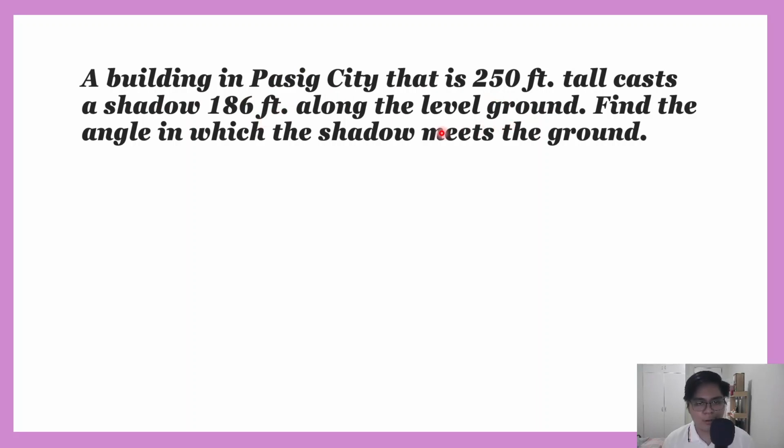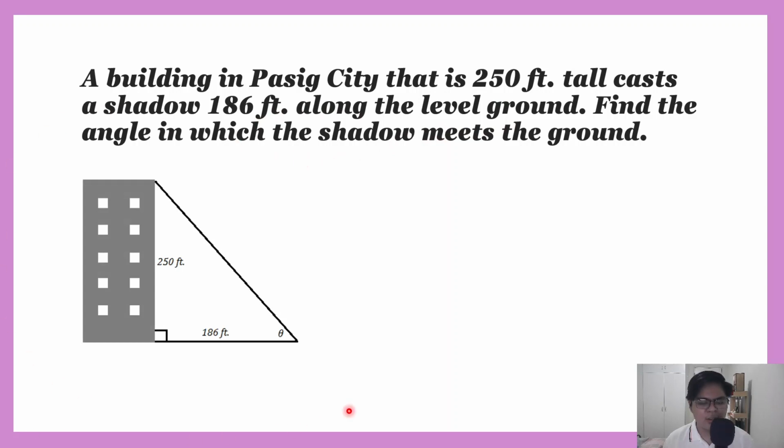To visualize the problem, we have this figure. 250 is the opposite because theta is located here, and 186 feet is the adjacent. Which one in SOHCAHTOA are we going to use in solving for theta, given that the adjacent and the opposite side are stated in the problem?